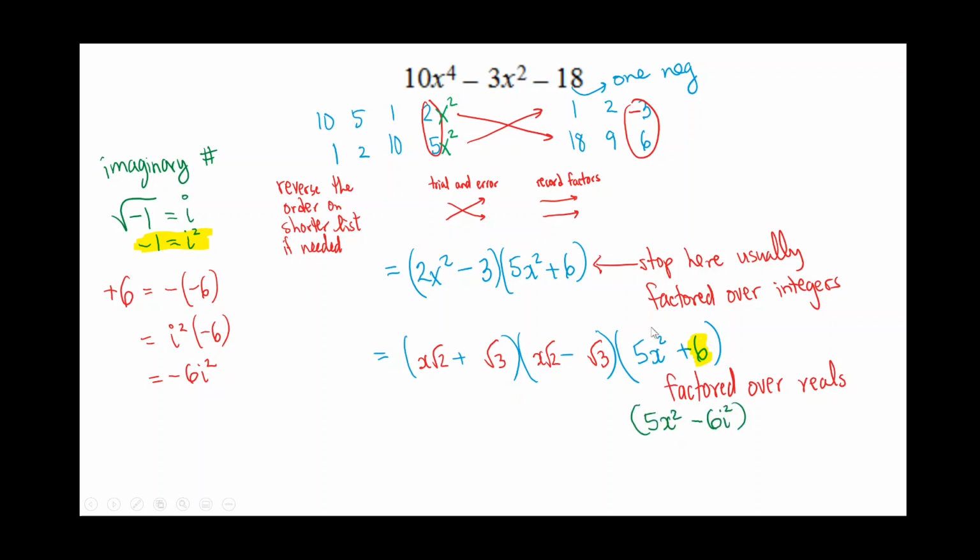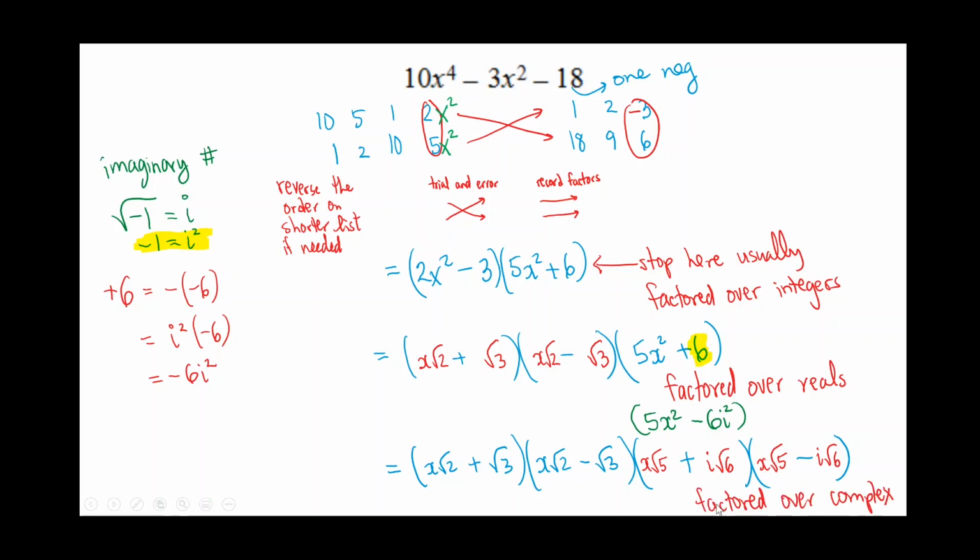So this bracket technically could be written like this using imaginary numbers. And now this is a difference of squares. So we can set up one bracket with plus, one with minus. We can have x root 5 on the first term of each of those factors, and i root 6 in the second one. So this is now factored over complex numbers.